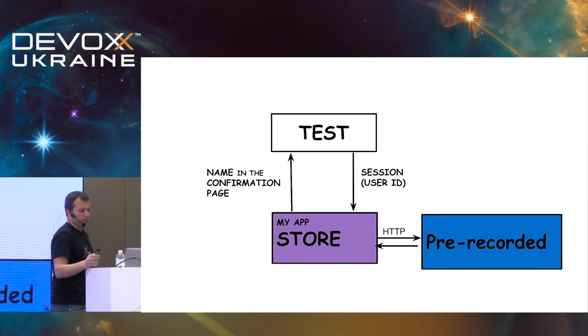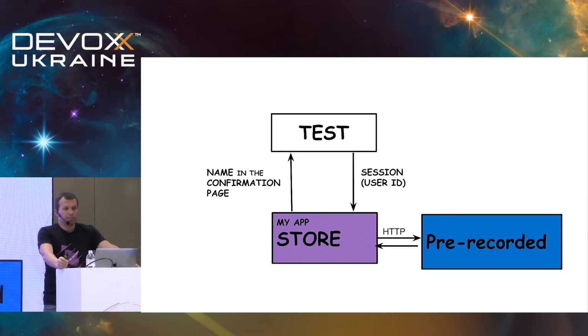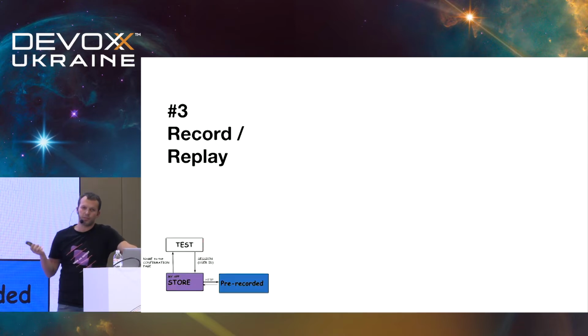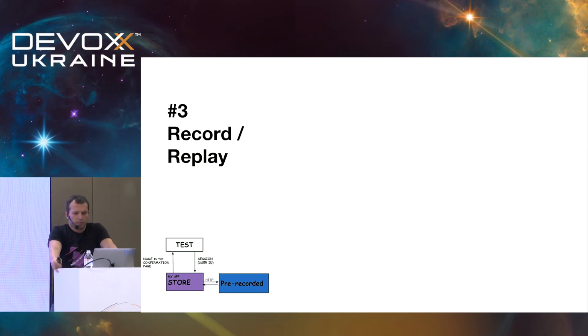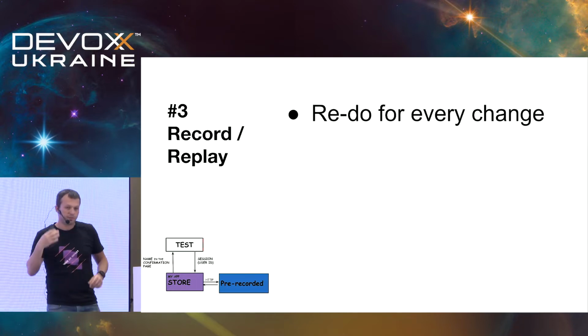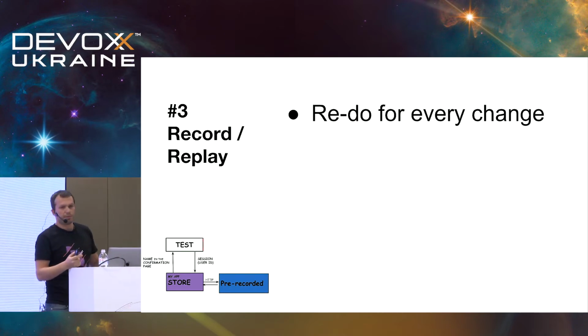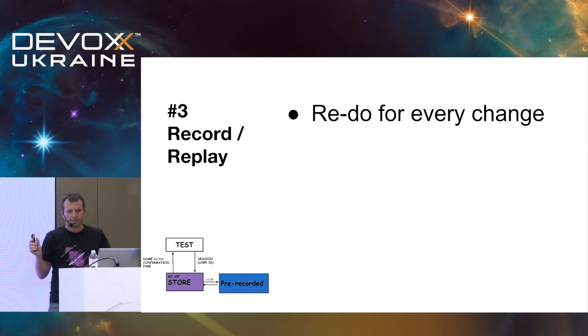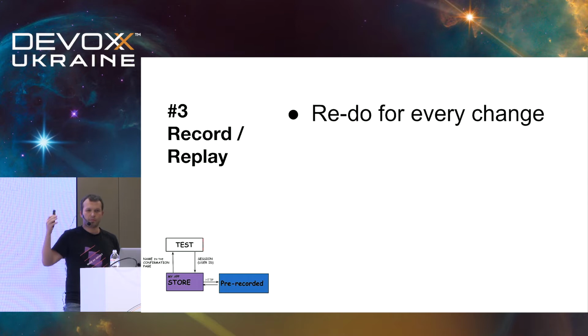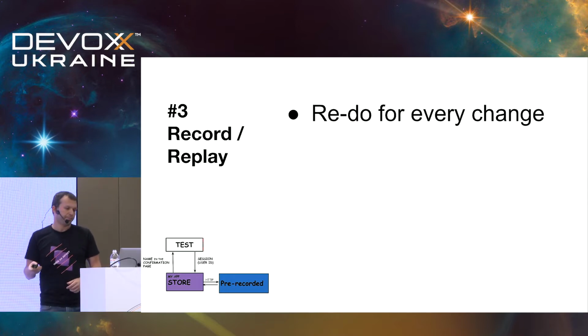Awesome, right? So, in my opinion, not so. Again, it might be very tempting in the beginning, but let's see what the disadvantages of this approach are. First of all, with every small change, you need to redo your tests and the recording. For example, you add just one parameter to the API or just one HTTP header. Now you need to do the whole recording again.